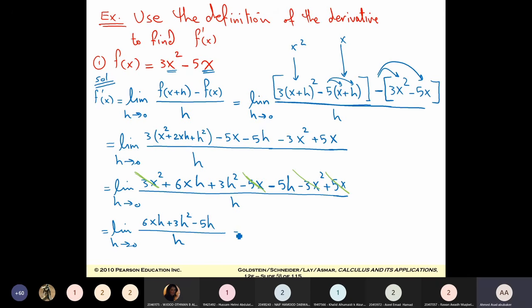Now we can take h as a common factor. So we have h multiplied by 6x plus 3h minus 5, over h. Now we can remove h with h. After removing h in the denominator, now we can substitute h equals 0.